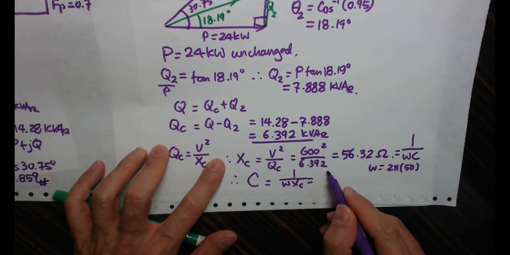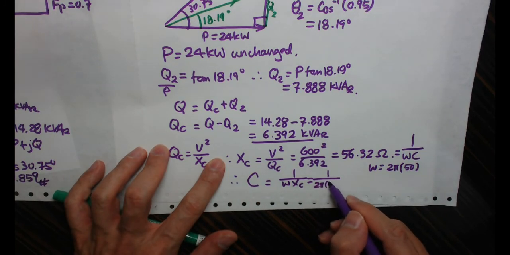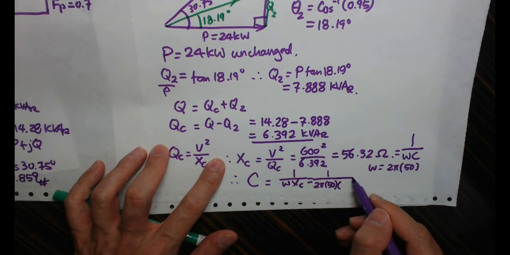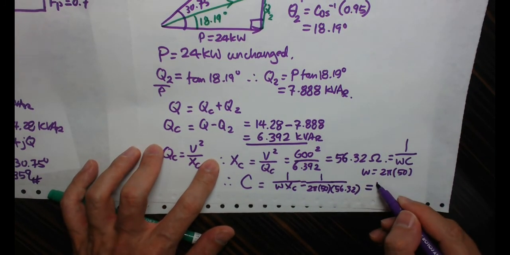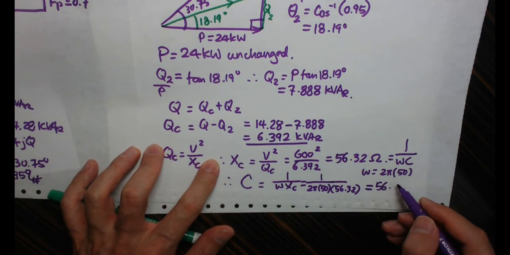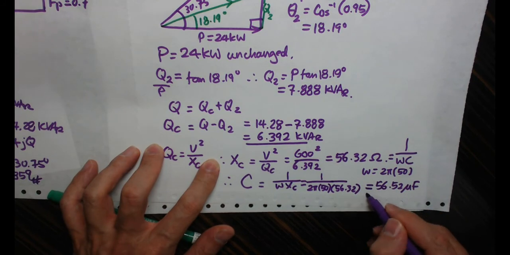That's equals to 1 upon 2 pi 50 and 56.32. That will give me 56.52 microfarad.